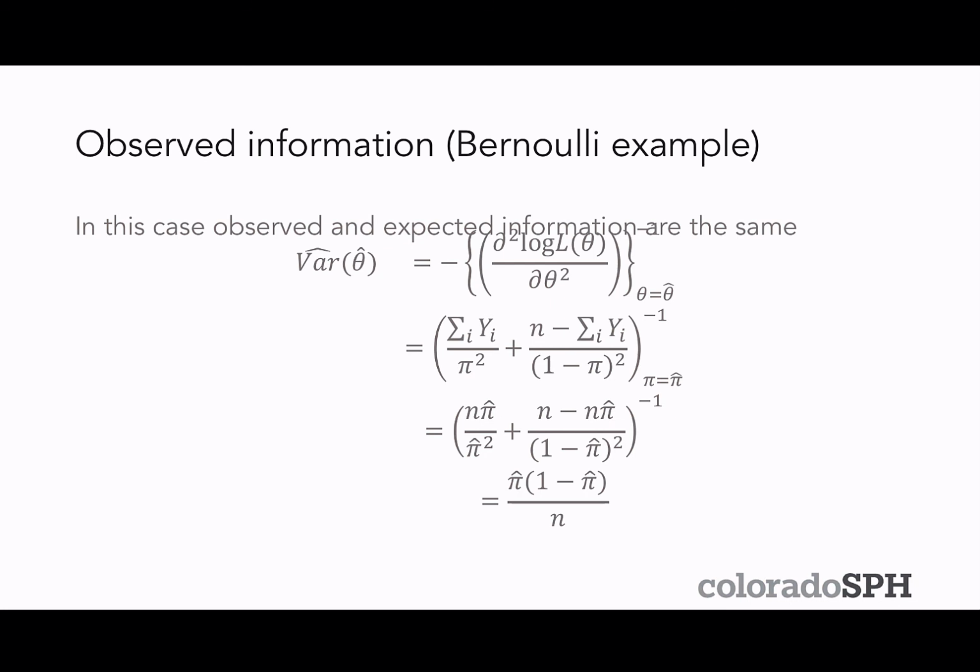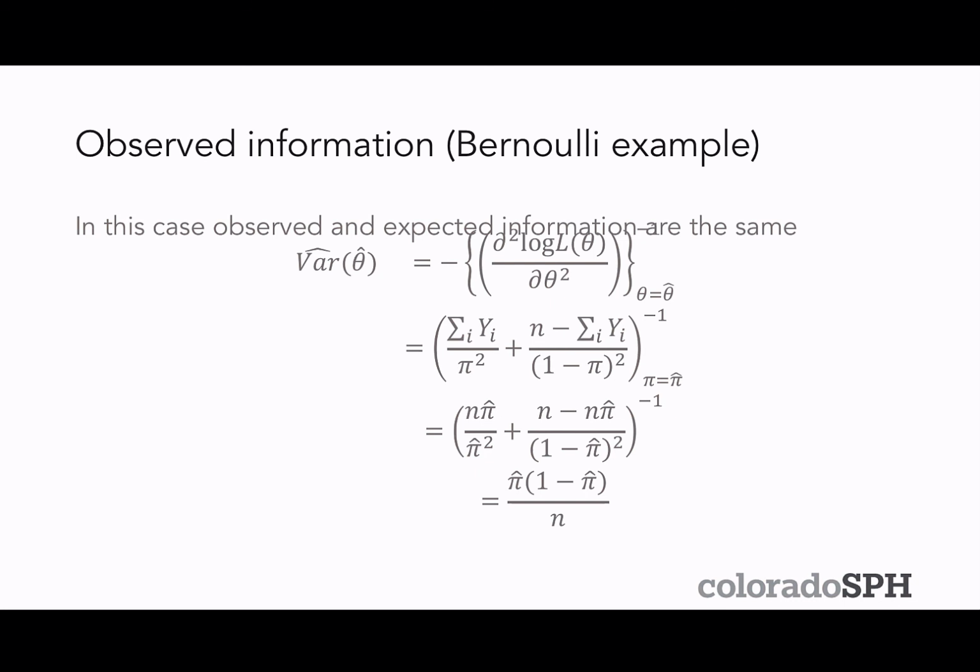This first line gives you the equation for the variance calculated using the observed information, and plugging in the second derivative of the log likelihood is what happens in this second step. You're going to want to evaluate that at theta equals theta hat.